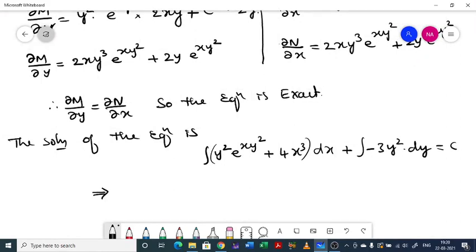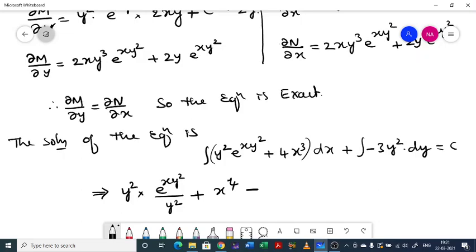So y square is constant, and e power xy square, when integrated, gives y square into e power xy square divided by the derivative of the power term, x into y square, that is y square. Plus integrating 4x cube, it is 4 into x power 4 by 4, which gets cancelled, so we remain with x power 4.